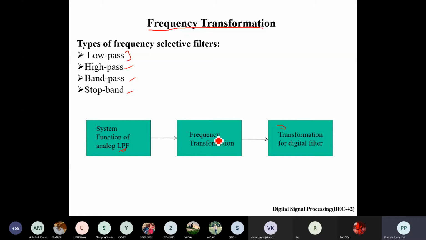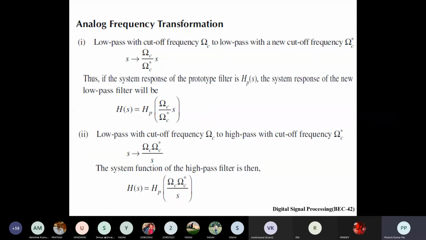The first step: suppose we have an analog filter and want to convert it into another analog filter, either high pass, band pass, or band reject.